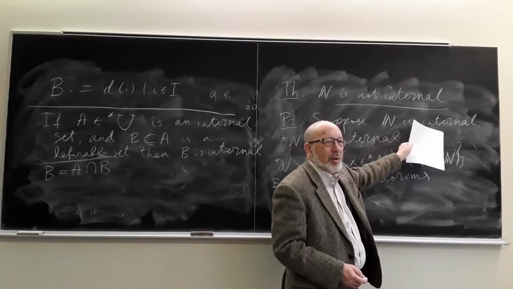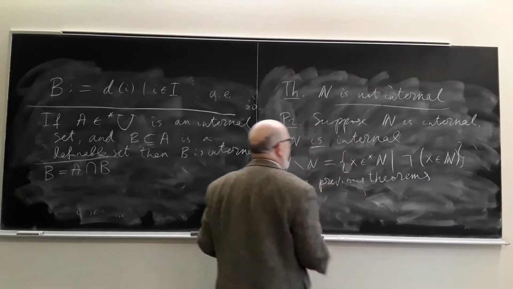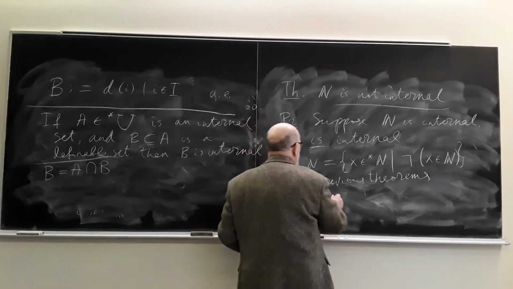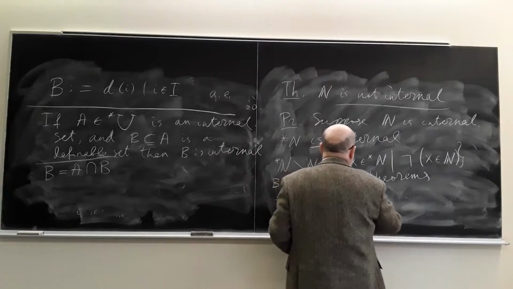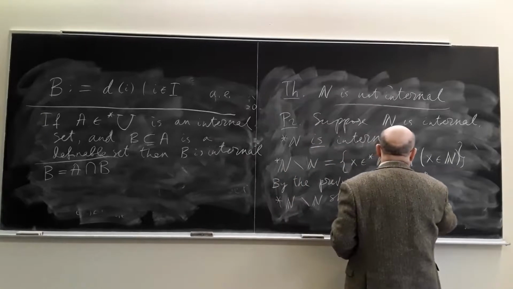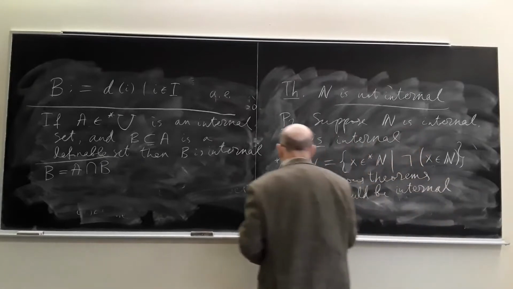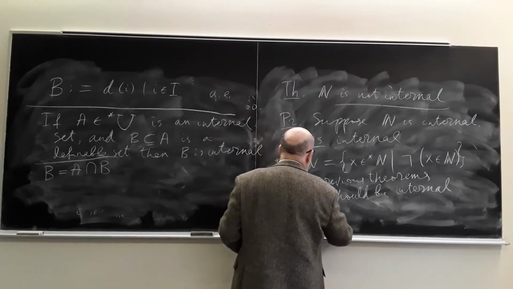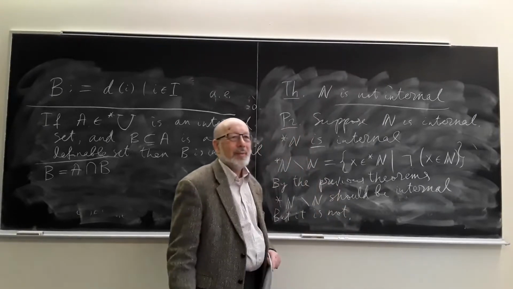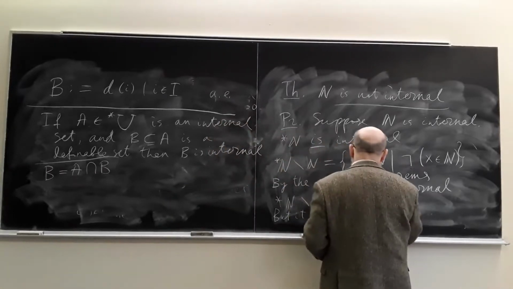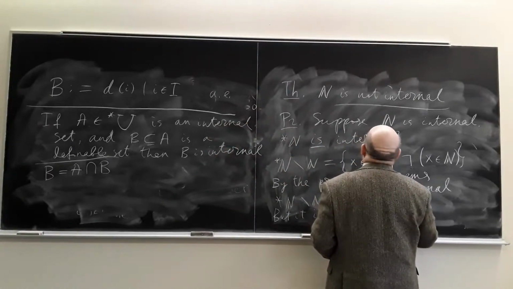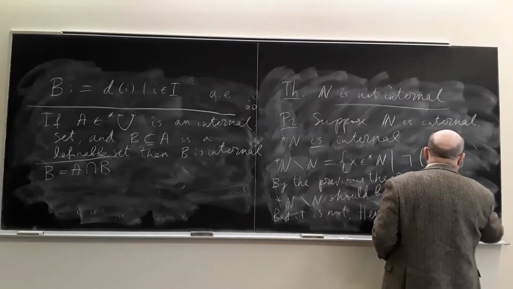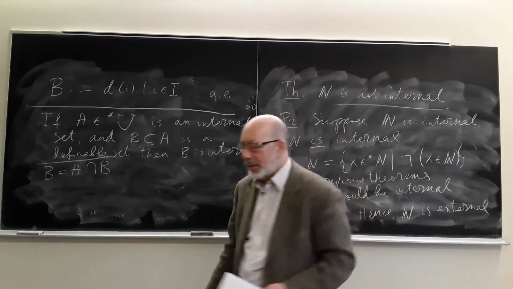Then by the previous theorem, star N minus N should be internal. But it is not. Hence, N is external.